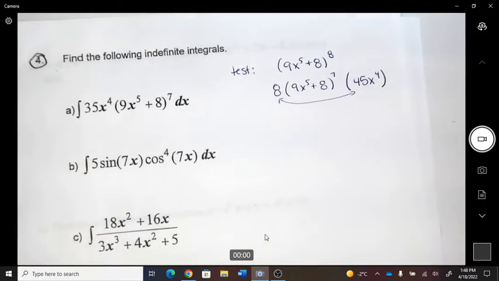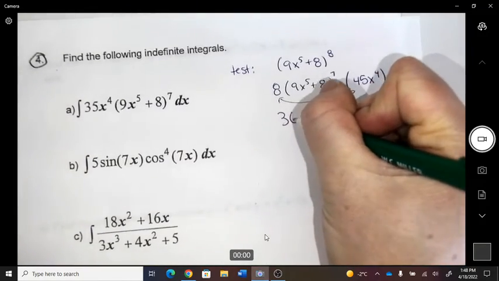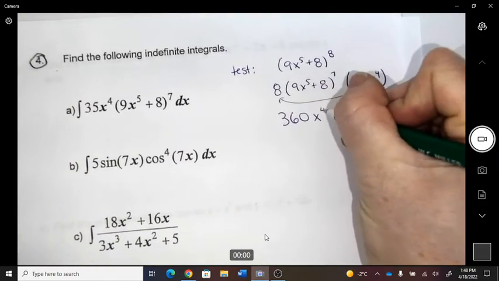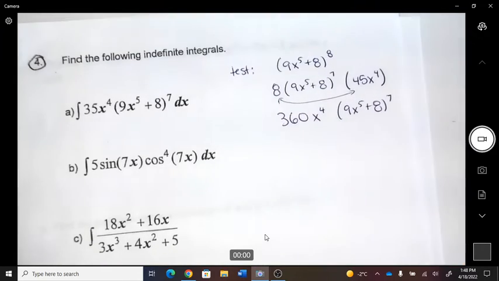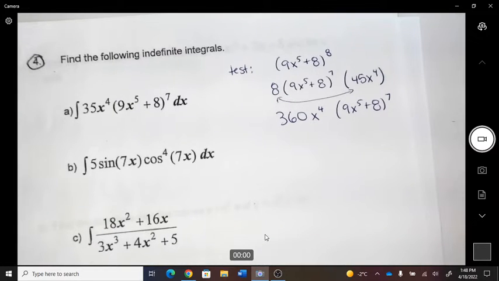Okay, so 8 times 45 is 360. Okay, it didn't quite turn out how I wanted it to.